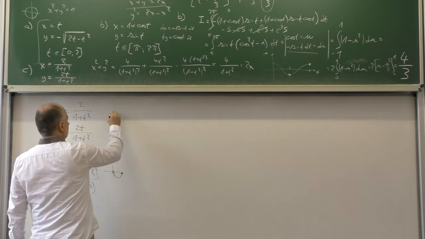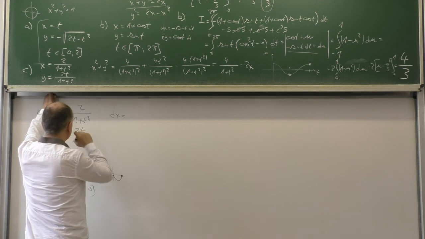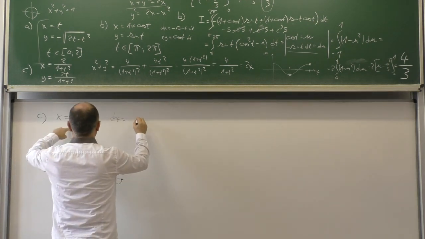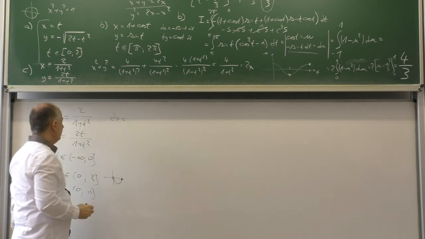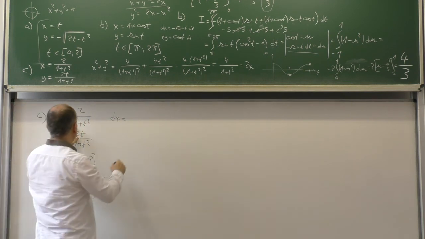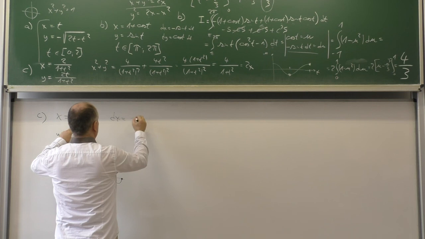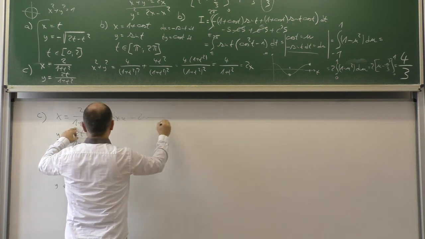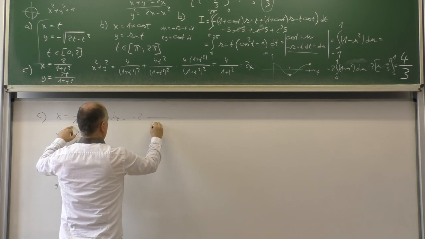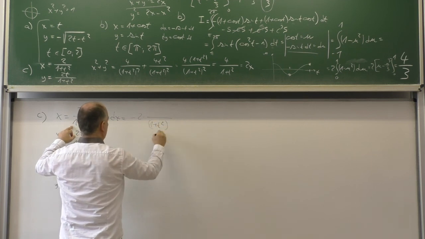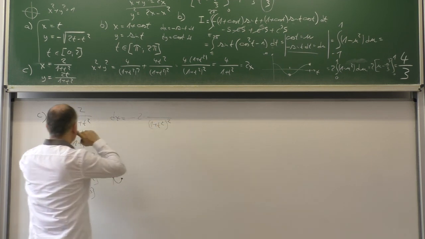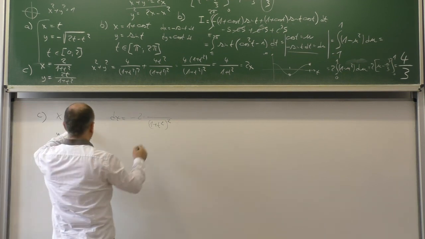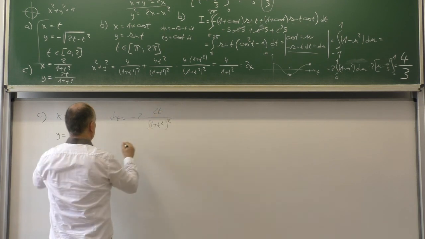Then we will need the differentials. The derivative of x is 1 plus t squared to the power minus 1, so we have minus 1. 2 can be written in front of the fraction, 1 plus t squared, square of that, times the derivative of the inner function, which is 2t.